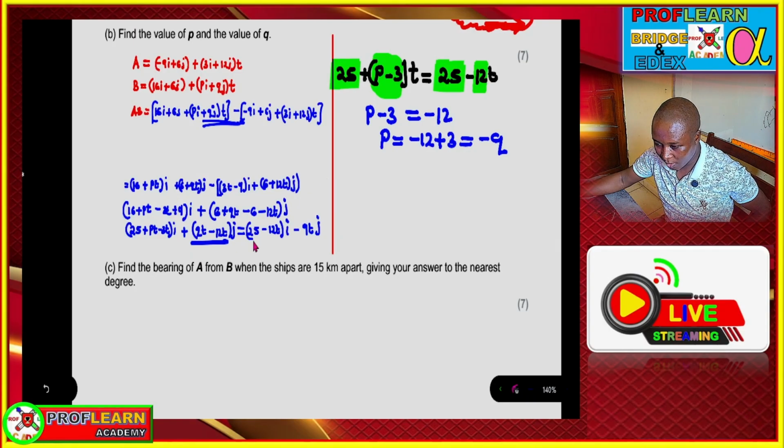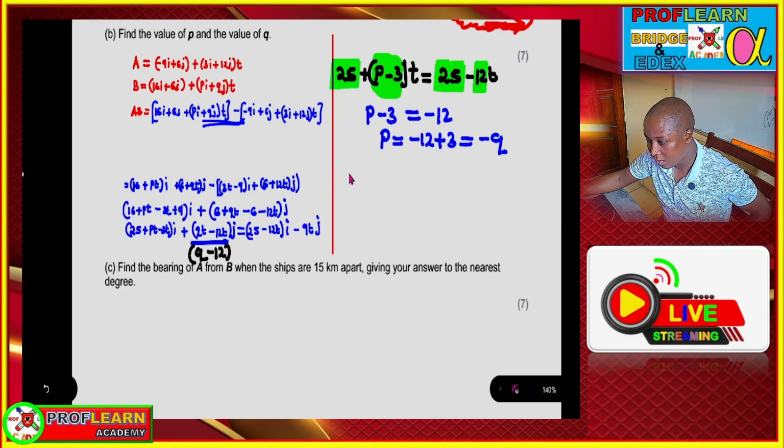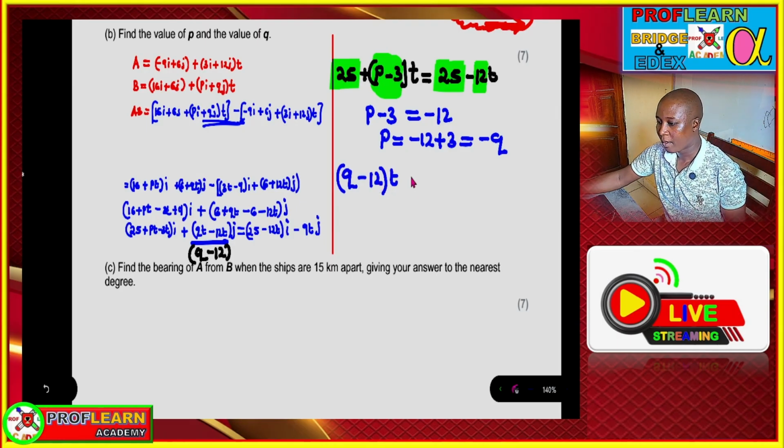Then let's look at q. If you look at this equation, we can write this as (q minus 12) into t, because if you factor t out, you remain with q minus 12. So that's quite important. Q minus 12 into t, and that is the j component, is going to be equal to negative 9t as well.